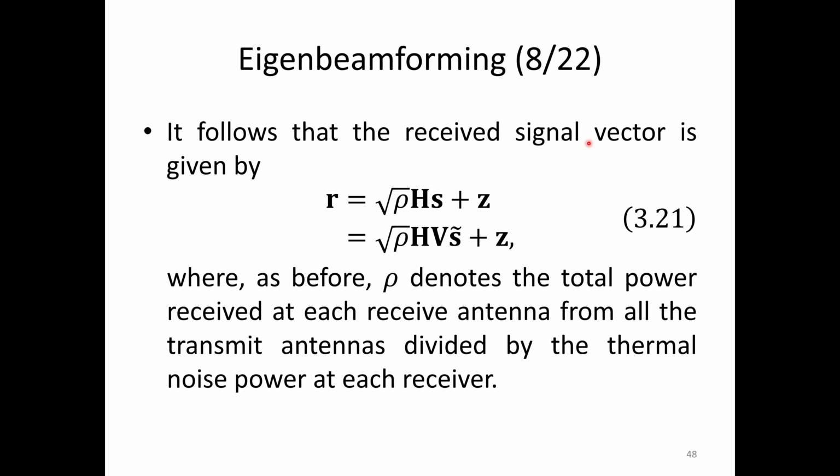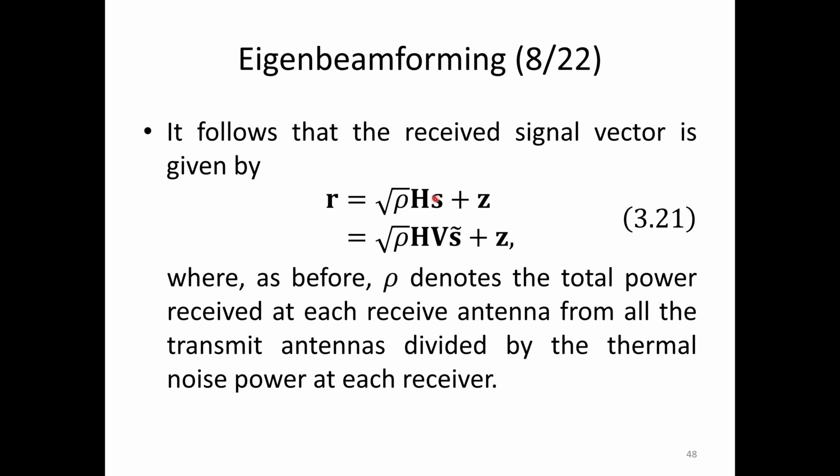The received signal vector is given by R, which is equal to the square root of rho, where rho denotes the total power received at each receive antenna from all the transmit antennas, divided by the thermal noise power at each receiver, times H, where H is the channel matrix, then times S, where S is the transmitted signal vector, plus Z, where Z is the noise vector.